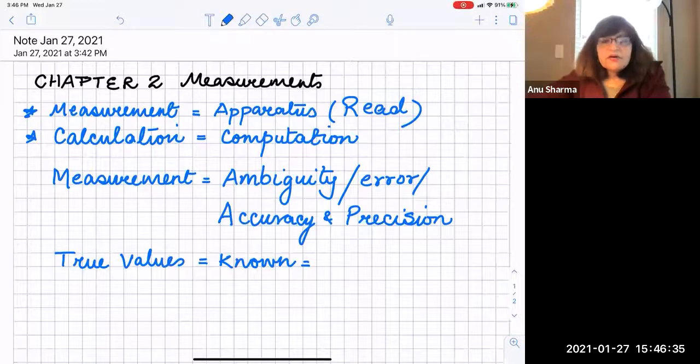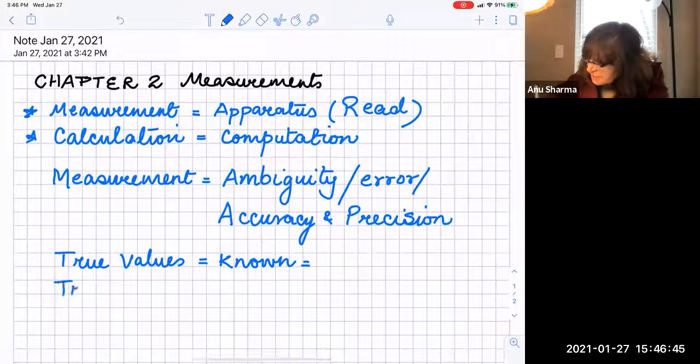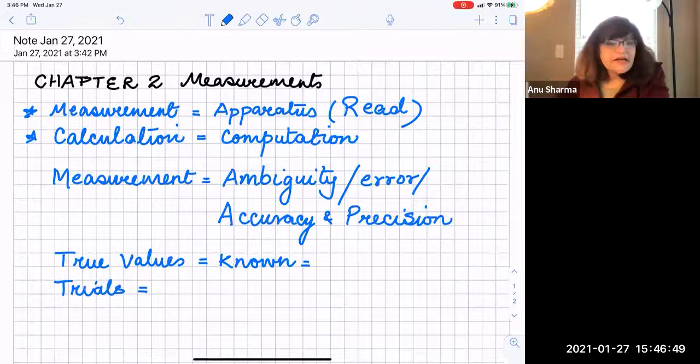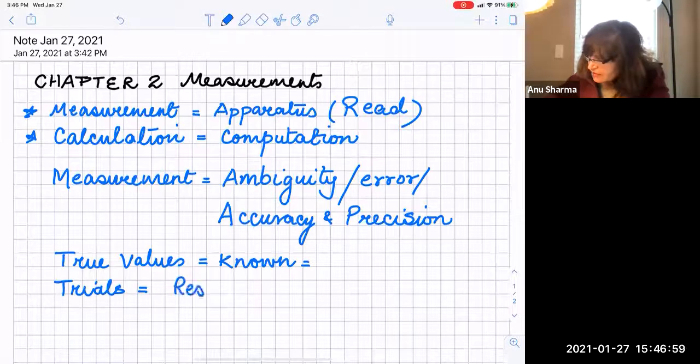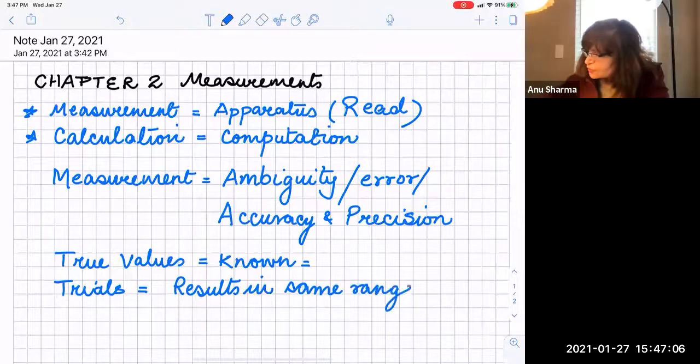When you take your readings, your measurements, generally you do them in 2-3 trials in the labs. And in those trials, you may be making a mistake, okay? Every time you do a trial, maybe all your answers are coming in the same range, close to whatever, the answer keeps coming the same or in a similar range.